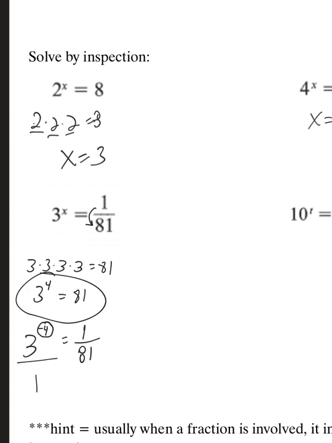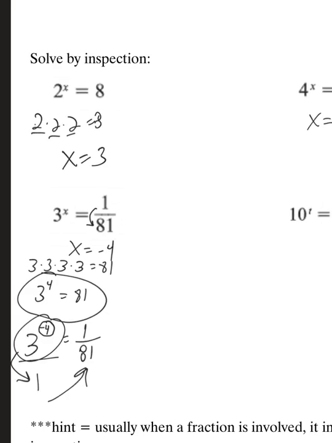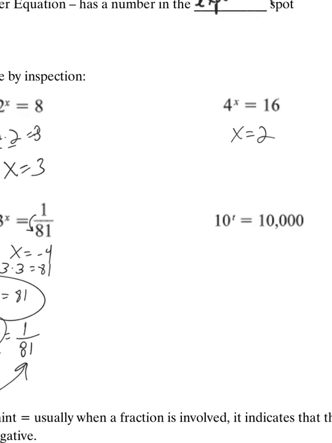That way, it moves to the other side of the fraction bar, resulting in your answer being some kind of rational thing. So for this one, x is going to be negative 4. If you see a fraction, chances are you're going to have to consider that the exponent might be a negative number.